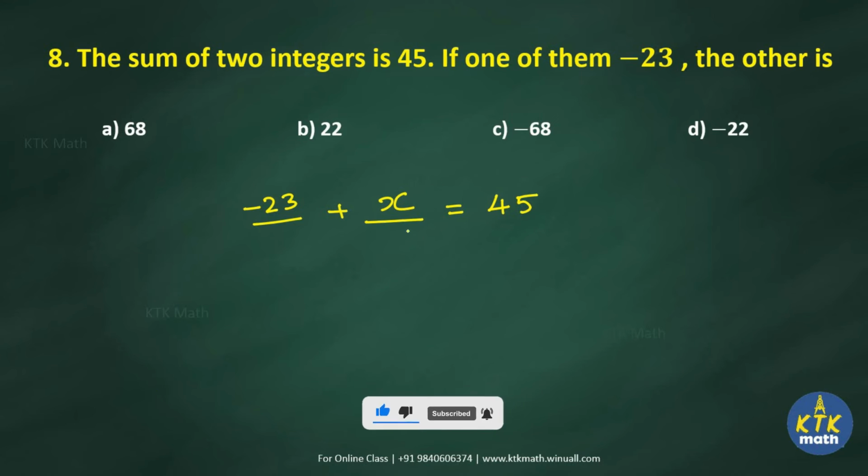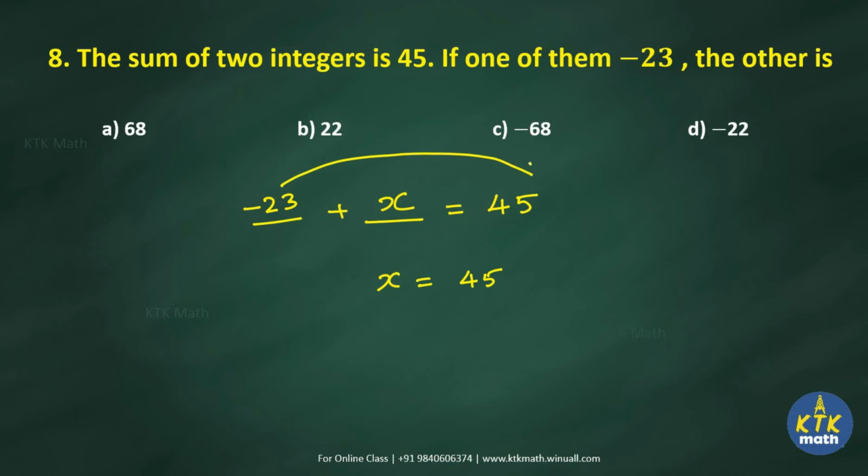Now to find the x value, you need to move this negative 23 to the opposite side of your equation. While moving this number to the opposite side, the symbol is going to change. This minus 23 you write here as plus 23. Whatever number you move to the opposite side of the equation, make sure its symbol changes.